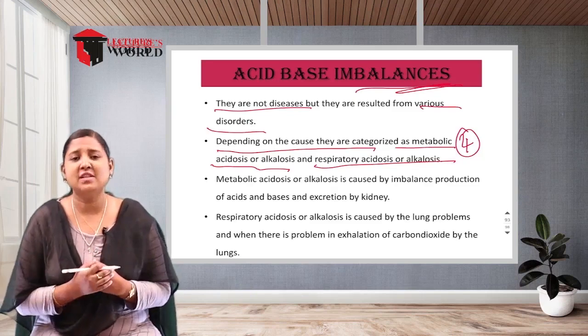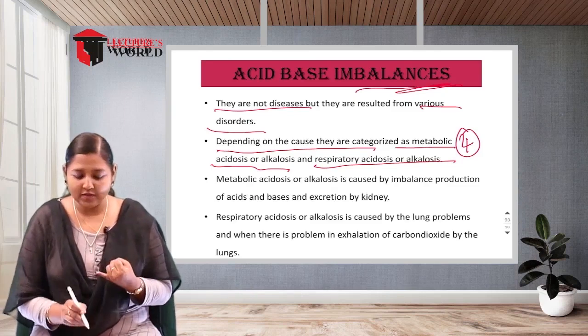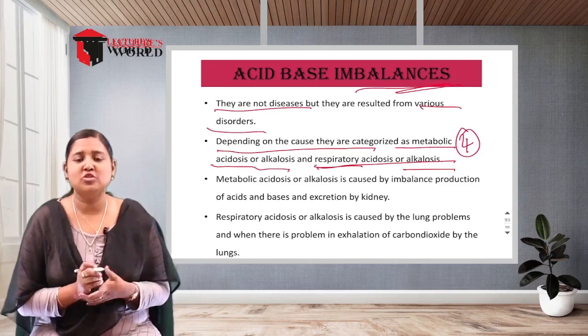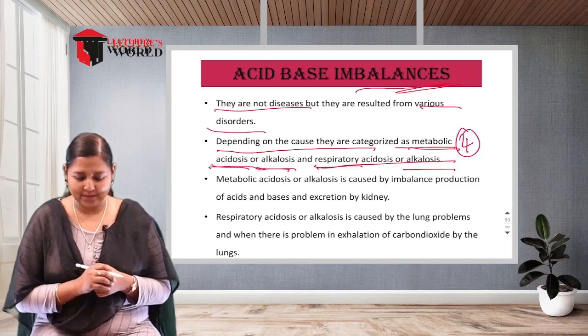From the name itself you can understand, if the lungs fail to do their work, then respiratory acidosis or alkalosis is caused. If kidney fails to do its work, then metabolic acidosis or alkalosis happens.